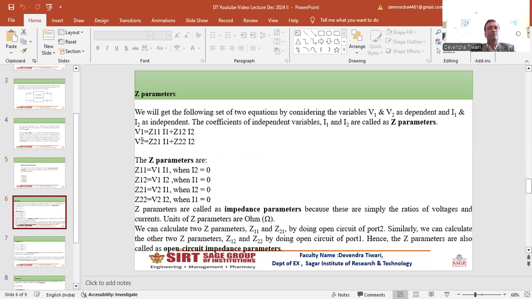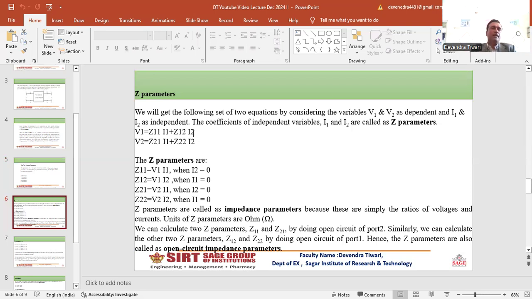The equations are V1 equals Z11 I1 plus Z12 I2, and V2 equals Z21 I1 plus Z22 I2. These are also known as open circuit parameters or impedance parameters, because they are found by making the current of each port zero one by one.